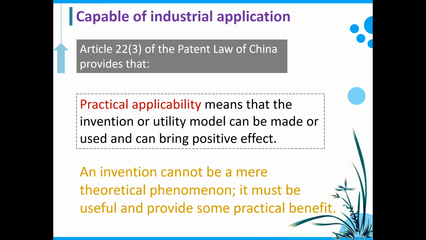So, an invention cannot be a mere theoretical phenomenon. It cannot be a proposition that cannot be enabled. It must be useful and provide some practical benefits, generate some positive effects to society.